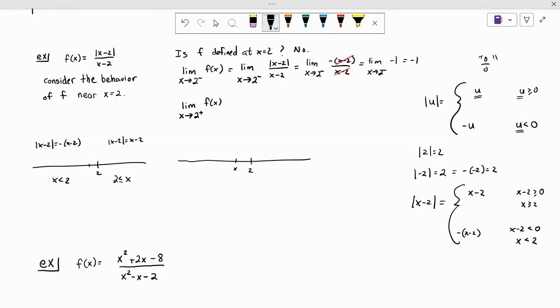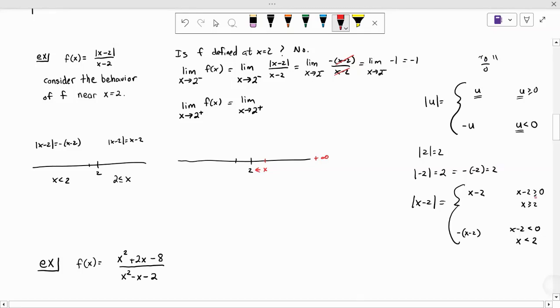So next we'd want to consider the limit as x approaches 2, but this time from the right, the positive side of the number line. So since x is approaching 2 from the right side, the positive side of the number line, you see that x is bigger than 2, which means that the absolute value of x minus 2 is just x minus 2.